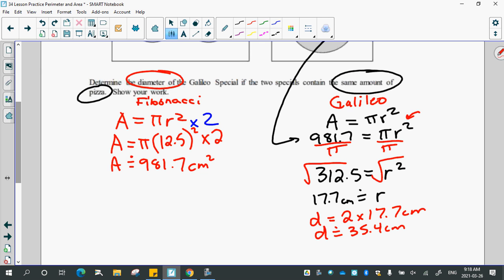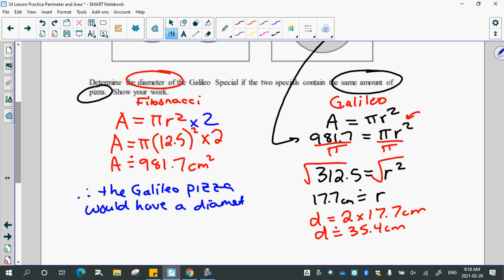Okay, so then we need a nice concluding statement. So therefore, the Galileo pizza would have a diameter of 35.4 centimeters. Nice.